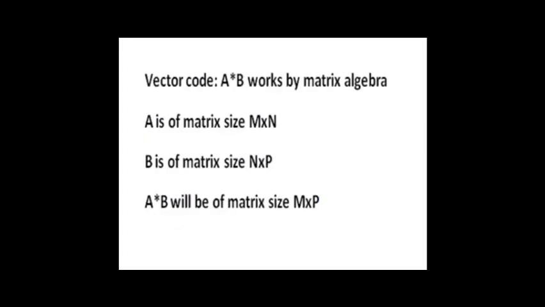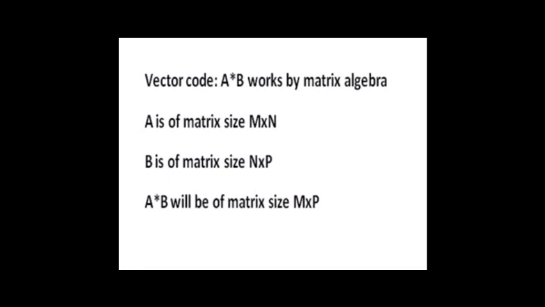To see the implementation of vector codes for multiplication, we have to make sure that the matrix algebra rule is maintained. For example, A can be any matrix of size m times n, B can be any matrix of size n times p, then the vector product A asterisk B will be of matrix size m times p.